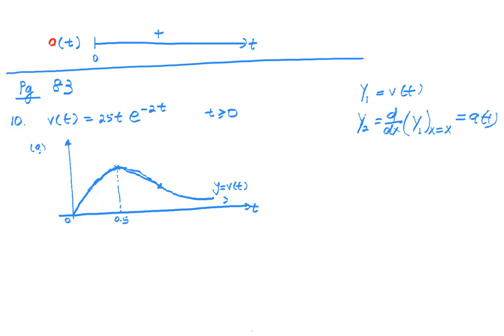Rate of change of velocity is acceleration, correct? Okay. So your acceleration will be 0 at the point 0.5. So this will be your acceleration. This will be your y2 graph. Do you have your y2 graph like that?